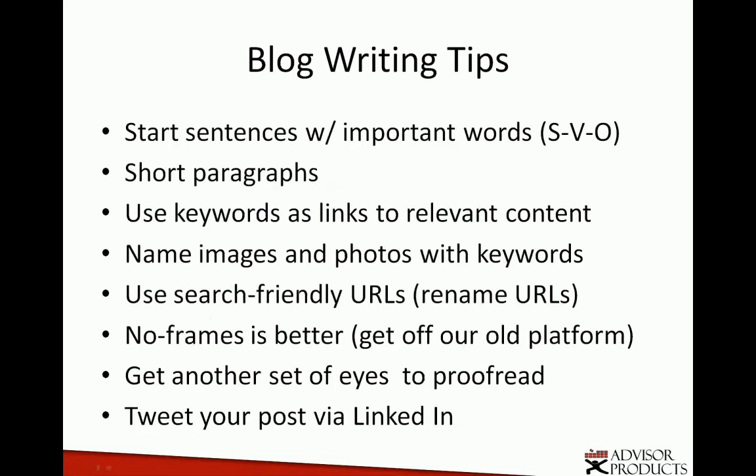So think about ways when you're writing to start, use the subject, verb, object construction for sentences. That's an easy way to think of it. So think about the subject, get that into the front of the sentence.